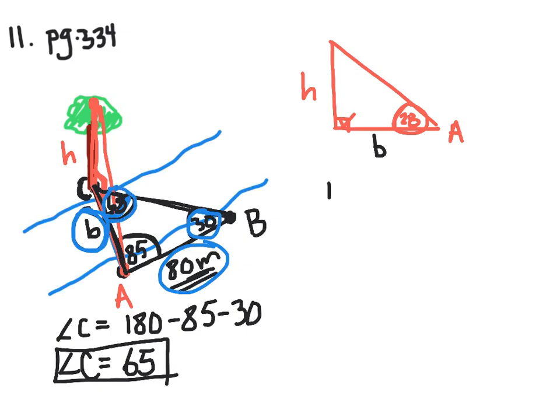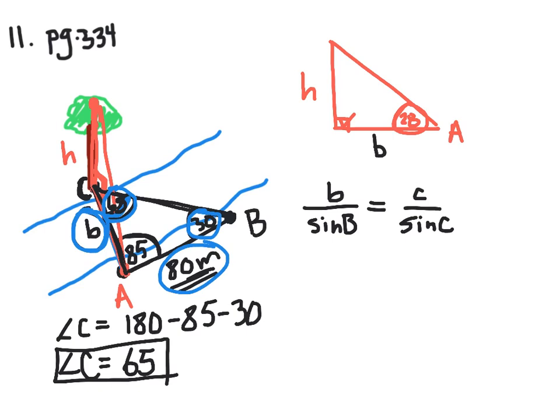We would set it up like this: little b over sine of big B, since I'm trying to find one of the side lengths, I'll put the side length on the top, is equal to little c over sine of big C. No need to incorporate a because we have no need for little a.